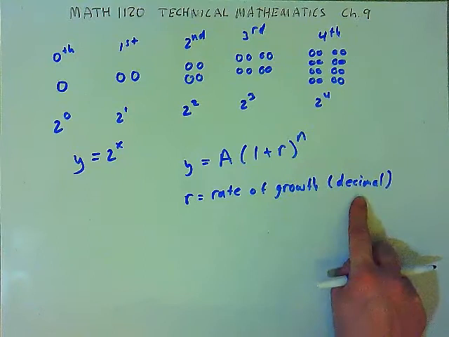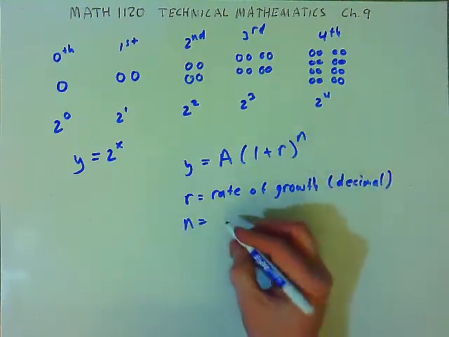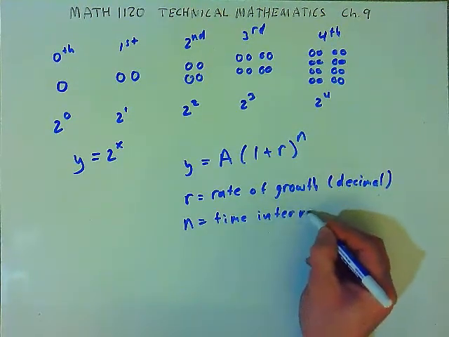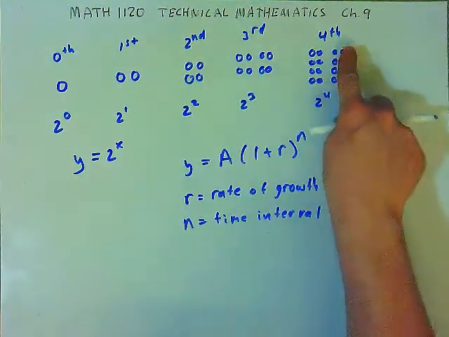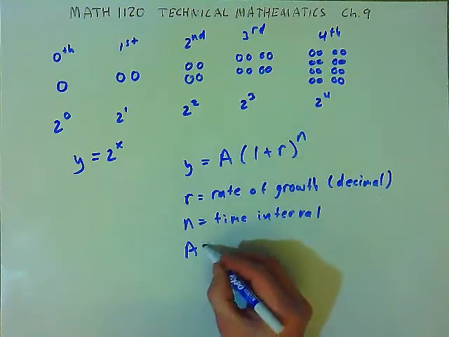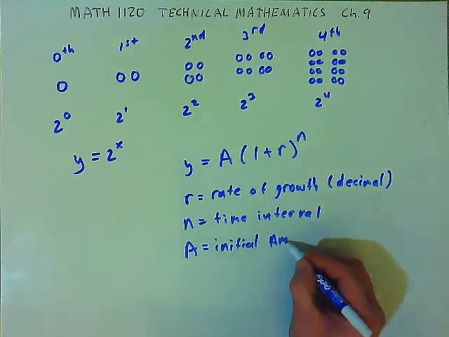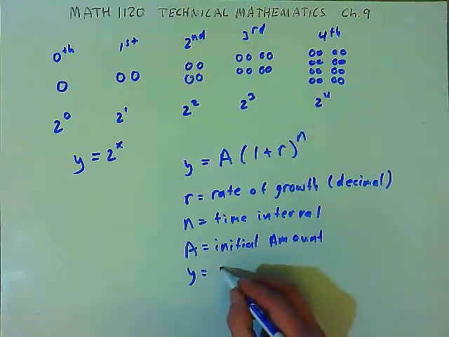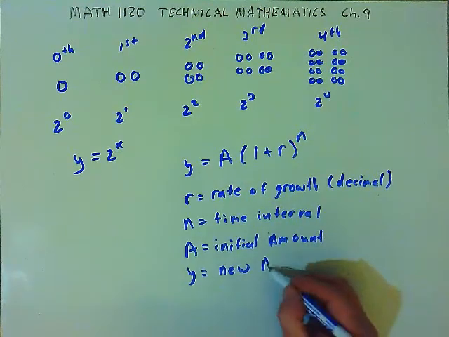We want to make sure that we express that as a decimal, not a percentage. n, the exponent, is the time interval. Just like in this example, the exponent was the amount of time that has passed. A, in this formula, represents the initial amount. And y is the new amount. Right? That's what we're trying to solve for most of the time. The new amount.